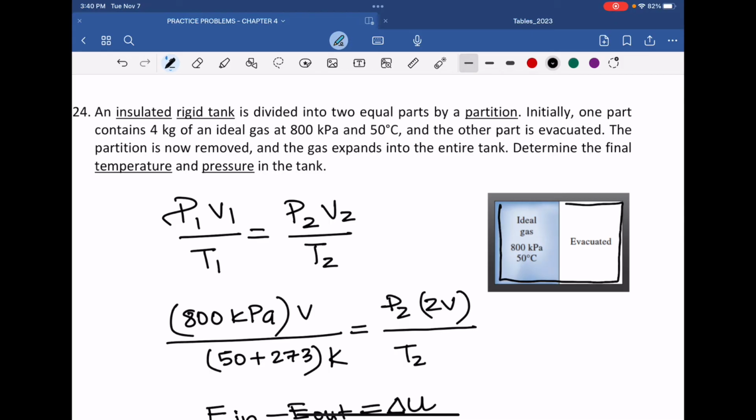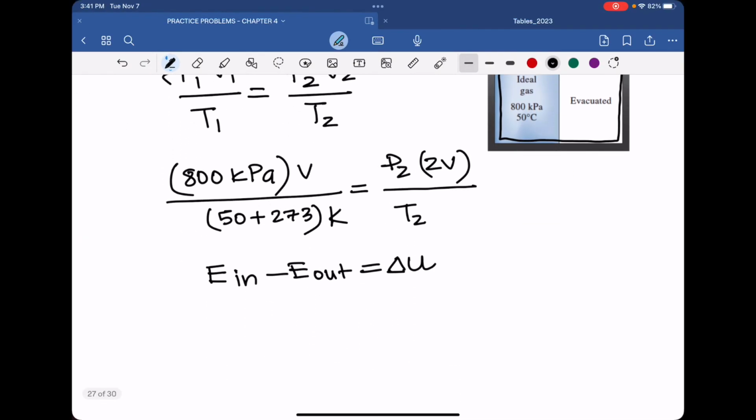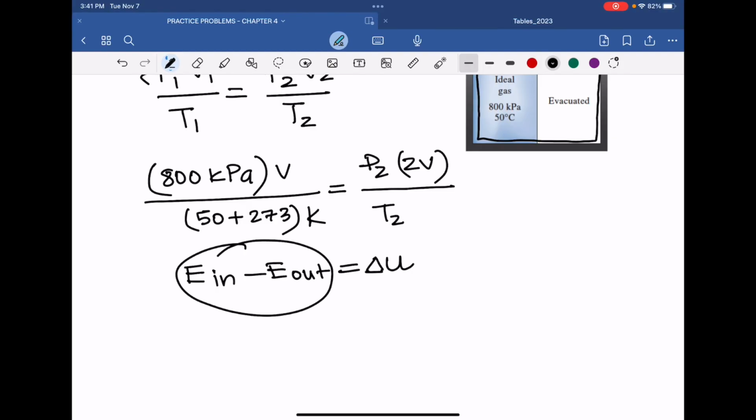or no boundary work because the boundary is not moving. The boundary is the one that I sketched. So there is no boundary work, there is no heat interaction, there is no energy transfer. So your internal energy change actually has to be zero.